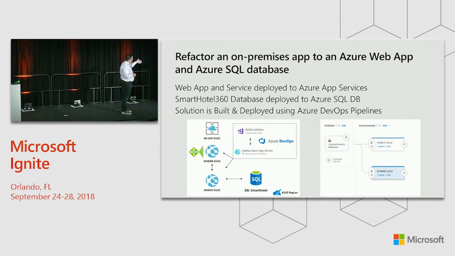And so what we end up with is basically a web app that's taking advantage of all the capabilities of PaaS. We've got our web front end, we've got our WCF service, and we've migrated to SQL database on the back end, so completely in PaaS. But we also fix the problem of our developers deploying on their own, right? Deploying from Visual Studio or FTPing files or whatever it is that they do today, right?